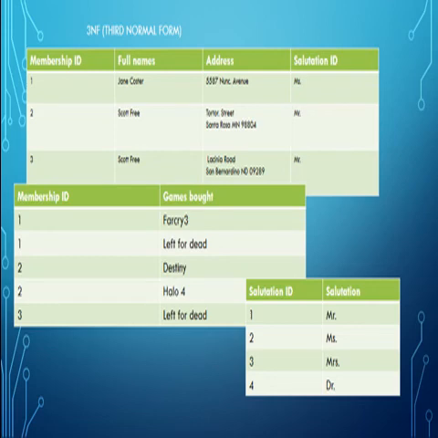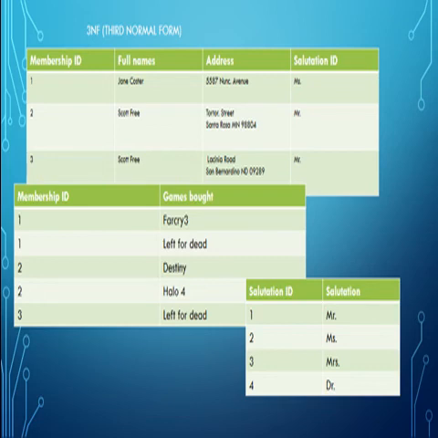To move our second normal form table into third normal form, we again need to divide our table. And so we have again divided our tables and created a new table which stores salutations.